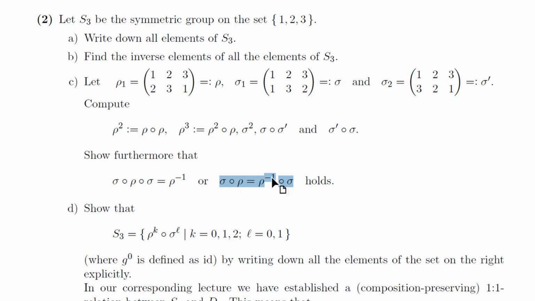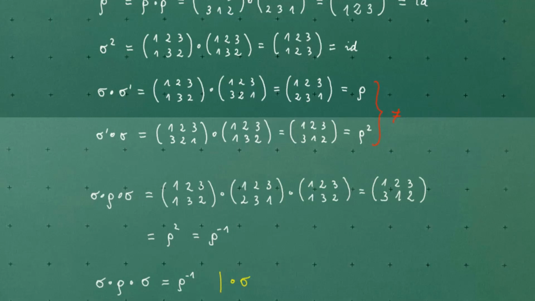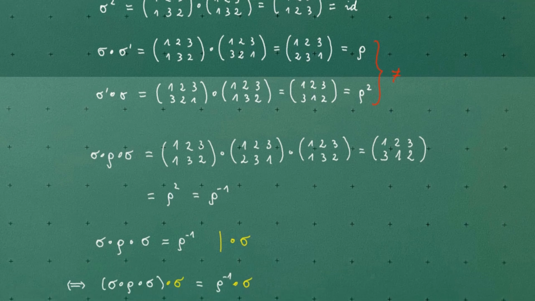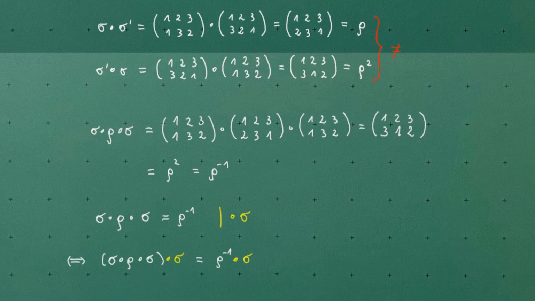Now, of course, we could do this by brute force again, just write down both sides and see, oh, it's the same permutation. But we're going to do it a bit differently because we have to get used to the abstract reasoning in groups, which we are going to do in the next weeks. We already have established this relation here.